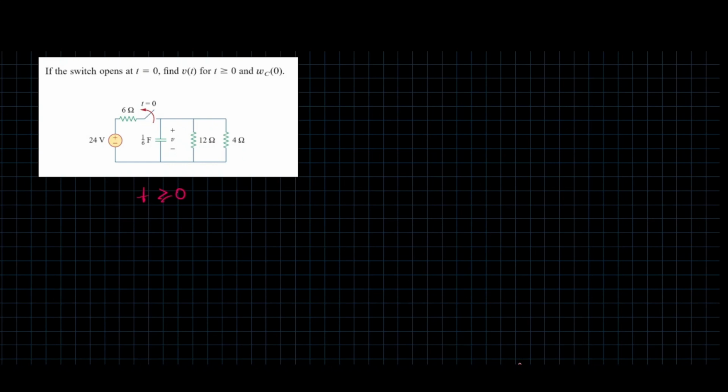So let's tackle it one by one. V of t for t greater than or equal to 0 is V naught e raised to the power minus t over tau. This V naught is the initial voltage that the capacitor will have. When you disconnect the switch, this entire circuit goes.